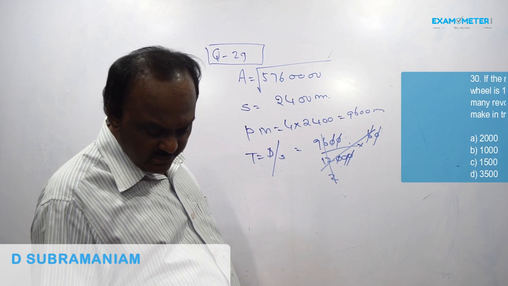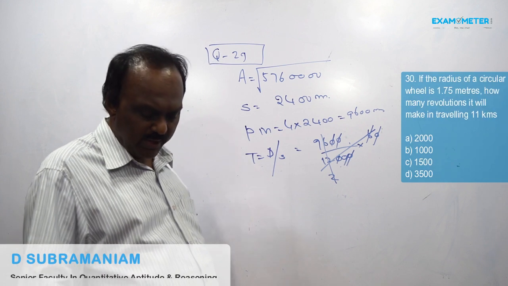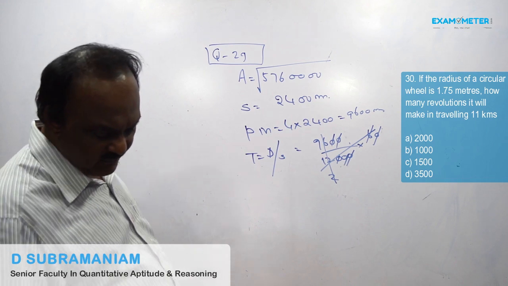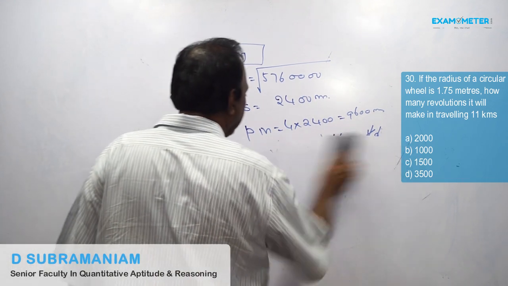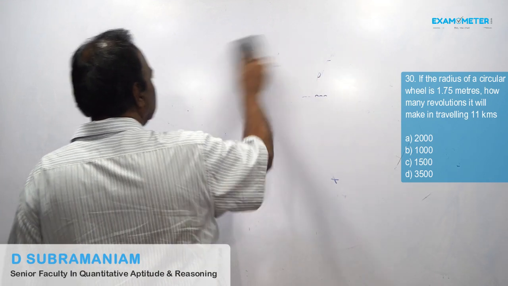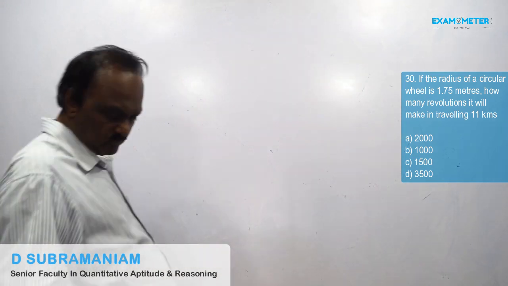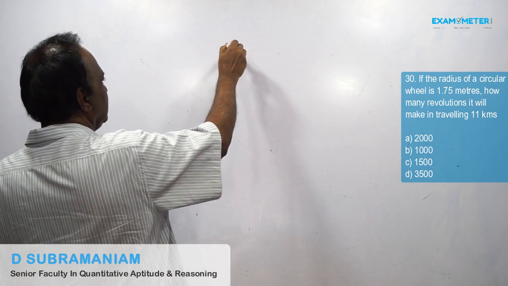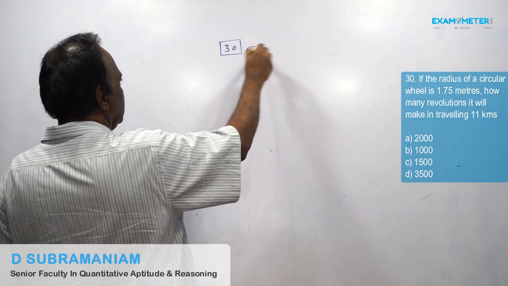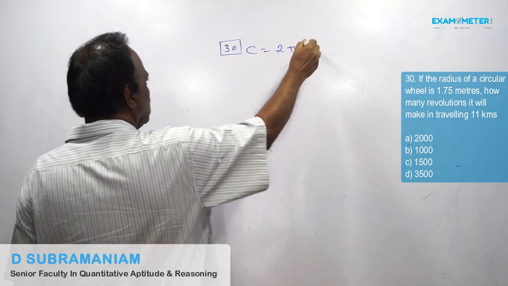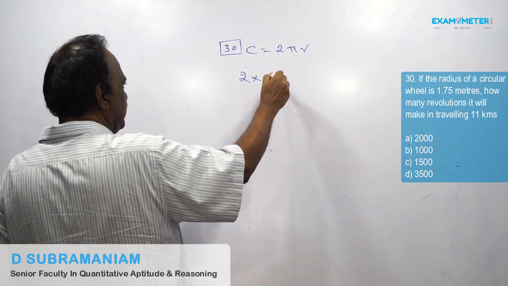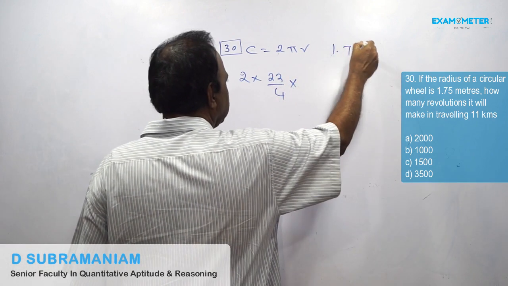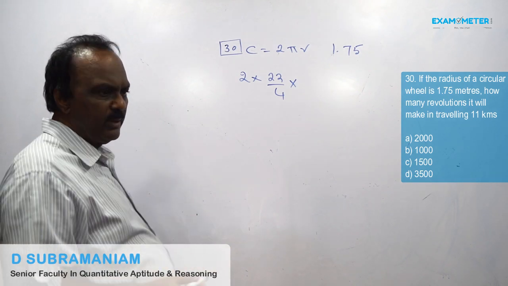If the radius of a circular wheel is 1.75 meters, how many revolutions it will make in traveling 11 kilometers? Circumference is equal to 2 pi r, 2 into pi value into 1.75, convert it into improper fraction.